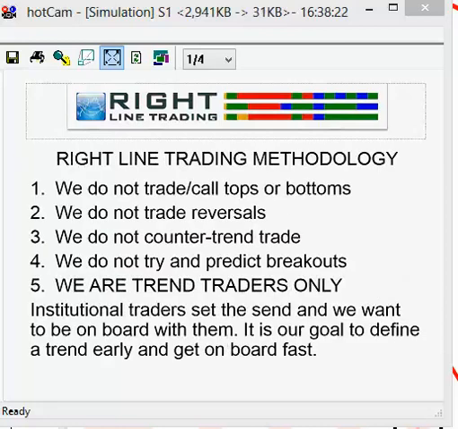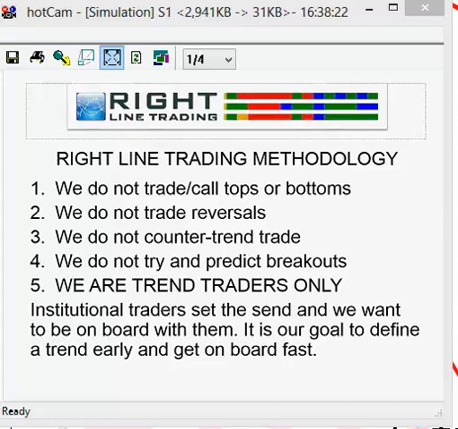Now, our trading methodology, I'm very partial, and I believe our trading methodology is really the only successful trading methodology, though I'm sure that there are others. But we never call tops or bottoms, and I've never seen anyone successfully with a high predictive value be able to say when the market's reached a top or the market's reached a bottom.